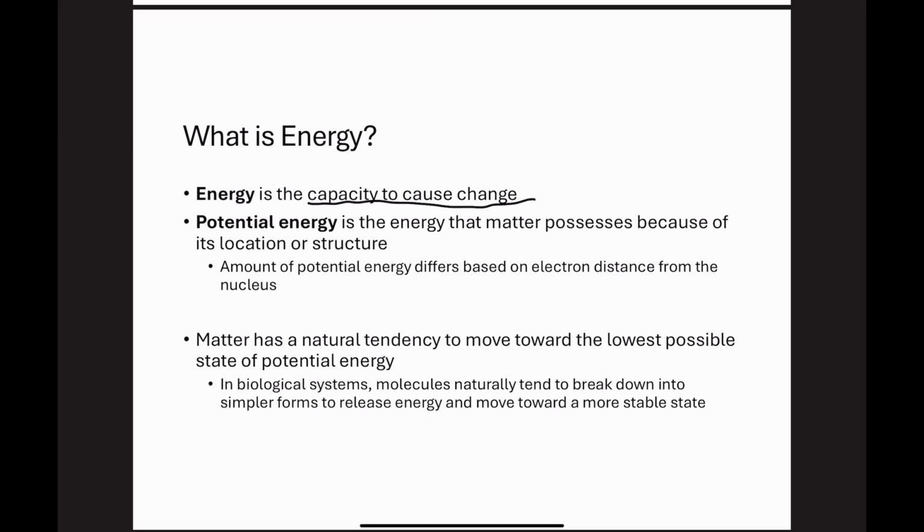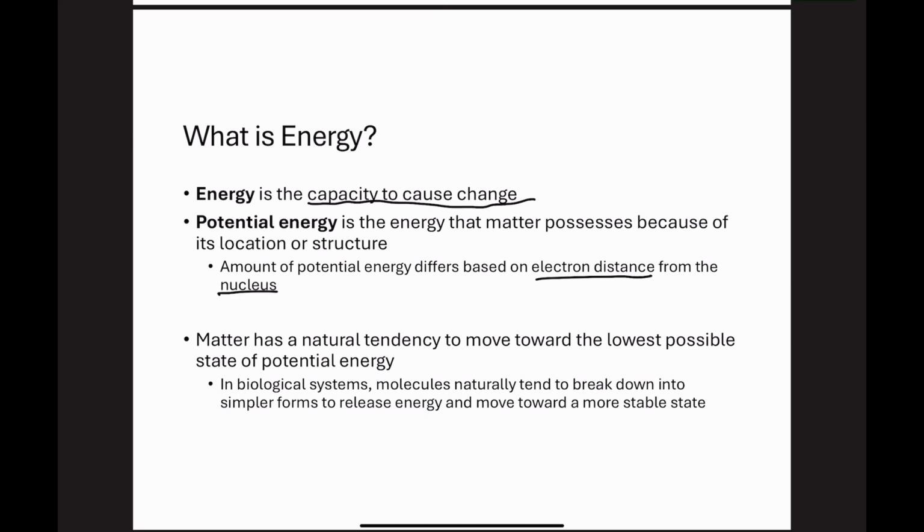It is the energy that matter possesses due to the location and structure of its electrons and atoms. So the amount of potential energy that something has is based on the distance of electrons from the nucleus.